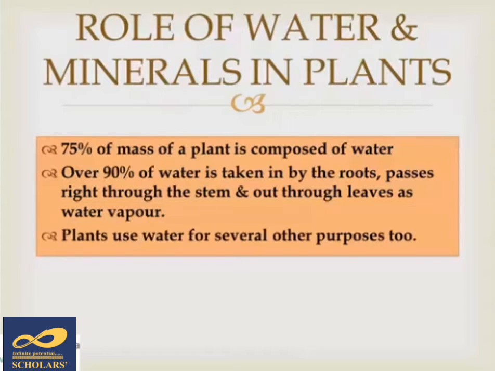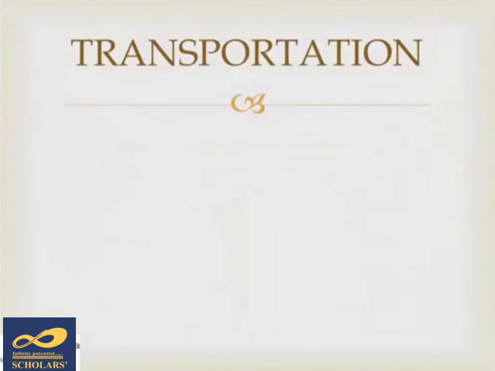The plant uses water for transportation and to maintain a high enough water pressure within its cells to support itself. Besides this, water is used up by the plant for several other purposes also. What are these purposes? I will explain one by one.